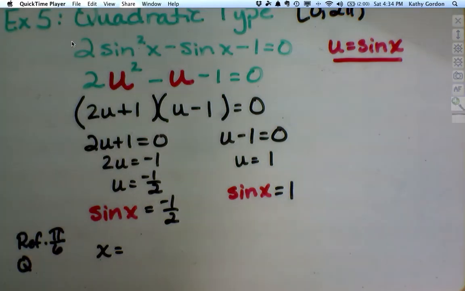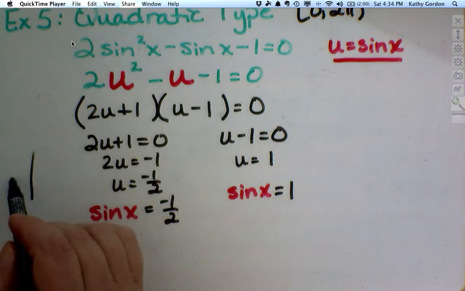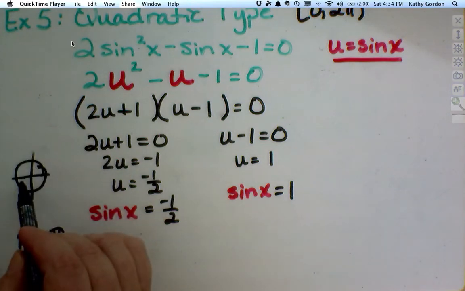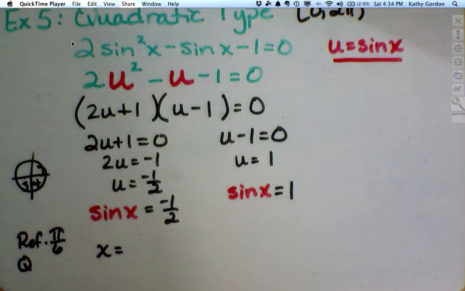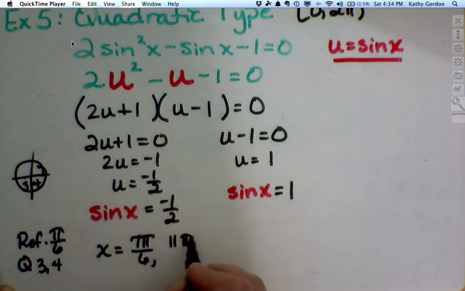Now we want to take a look at the fact that this is negative and decide which quadrants we must be in. So again, for sine, we have to be in quadrant 3 or quadrant 4 to be negative. So which angles in quadrant 3 and 4 have reference angles of pi over 4, or excuse me, pi over 6. We would be talking about 7 pi over 6 and 11 pi over 6.